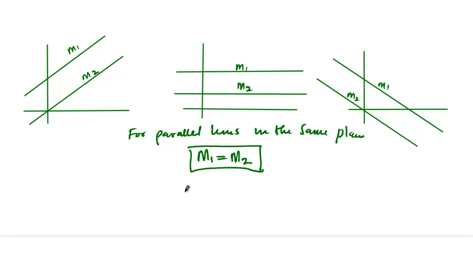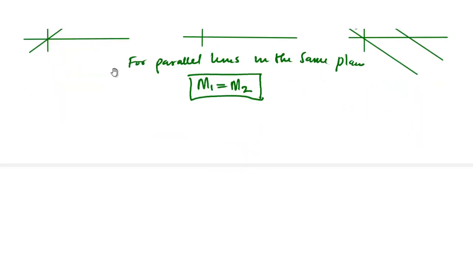Now, let's move on to perpendicular lines. So when we say perpendicular lines, what do we mean? Perpendicular lines are lines that intersect at a right angle.